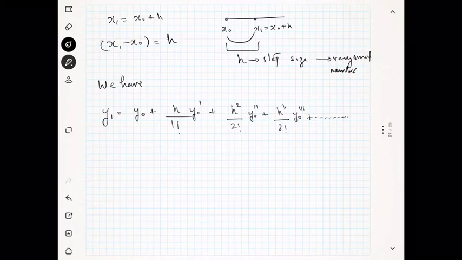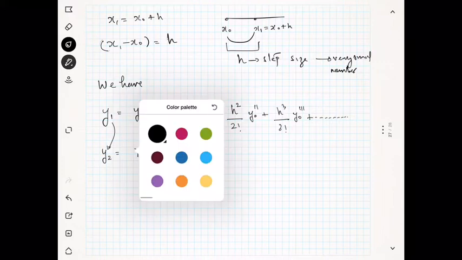Similarly you can calculate y2. If you replace this 1 with 2, then you have to replace this 0 with 1, right?